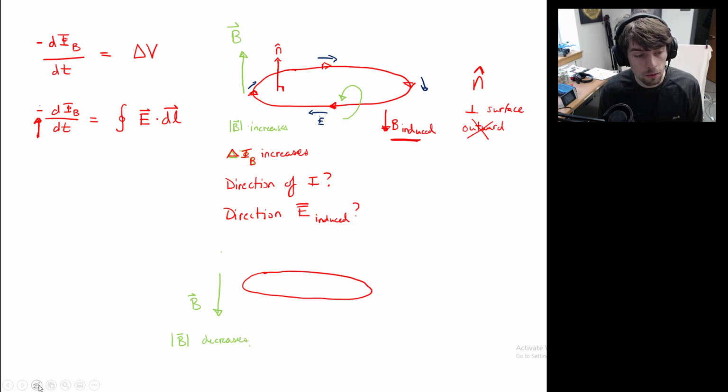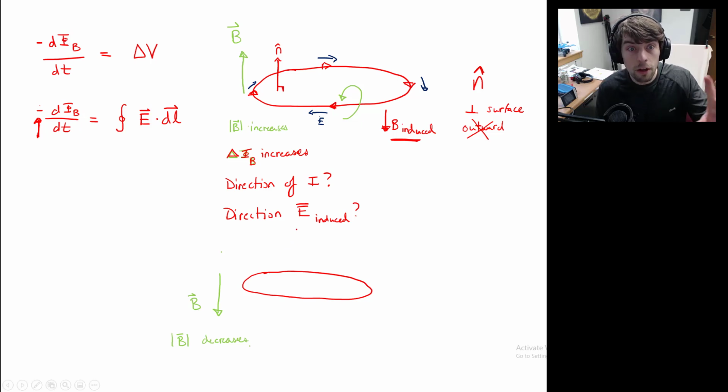Go ahead. What's the direction of the current flowing through the loop? And what's the direction of the electric field? You got it?